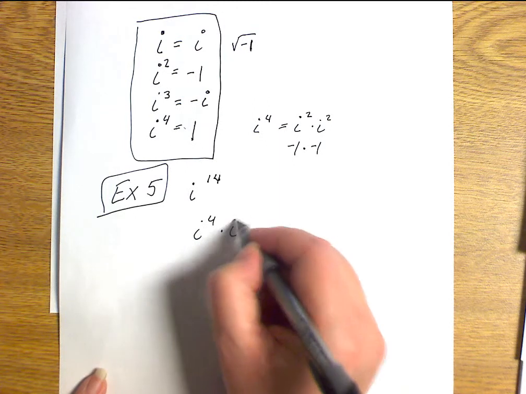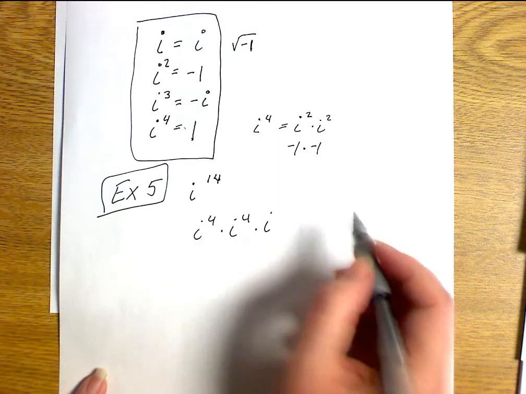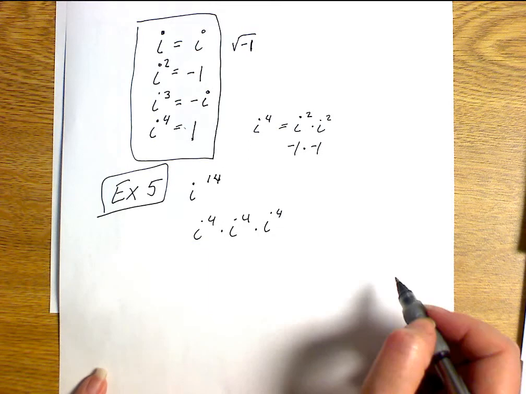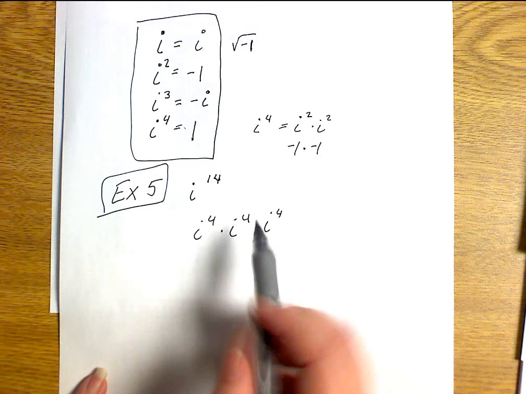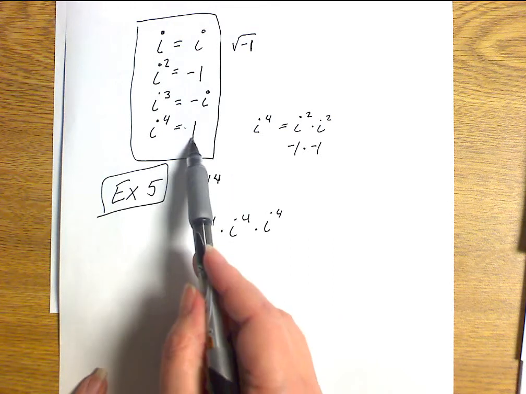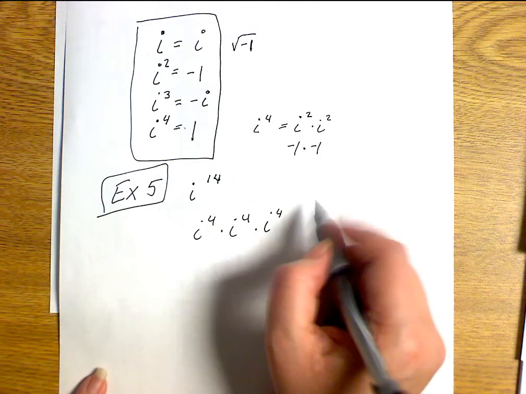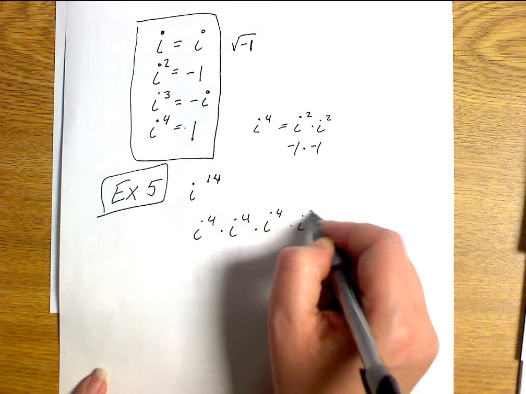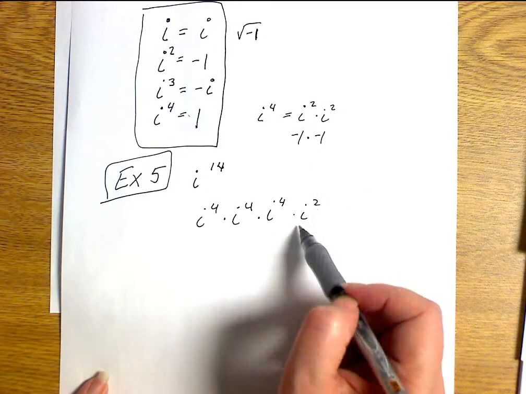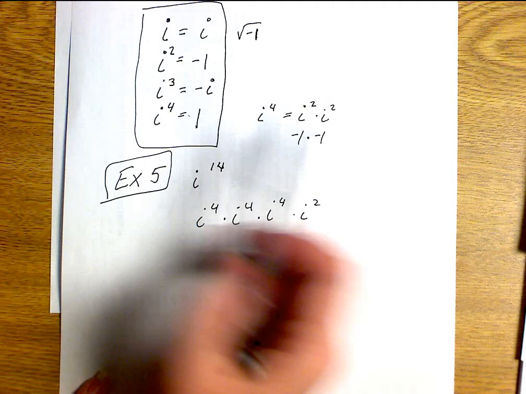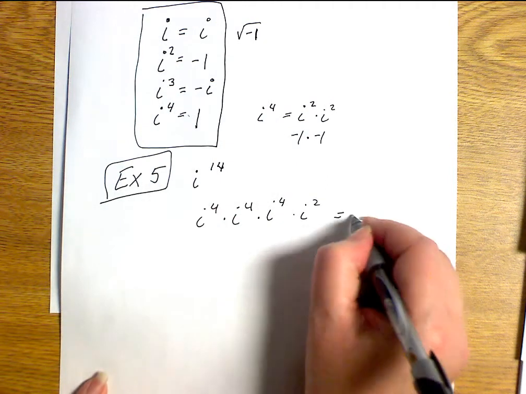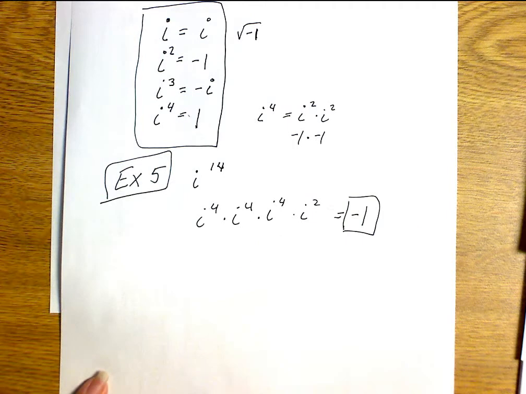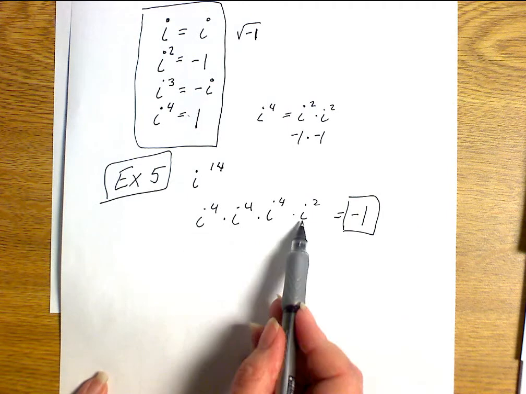I'm going to show you a secret in a moment. There are 3 of these. How many are left over? I divided by 4 because i to the 4th is 1. So there are 2 left over, so i squared is negative 1. These are all 1, so it's negative 1.